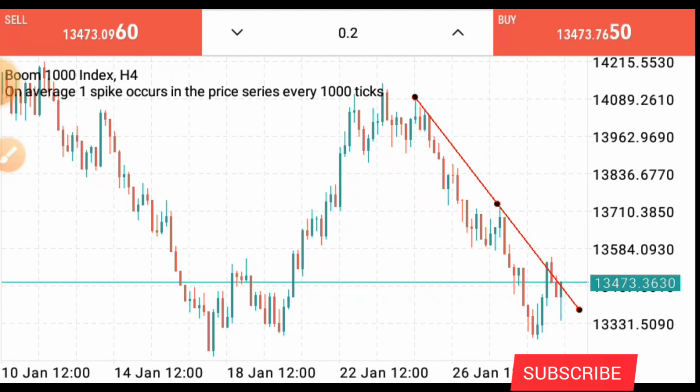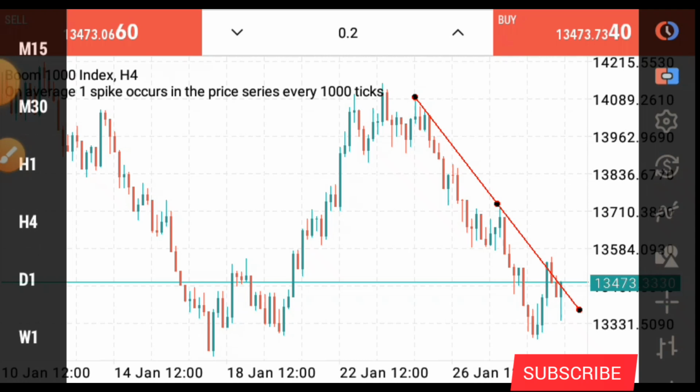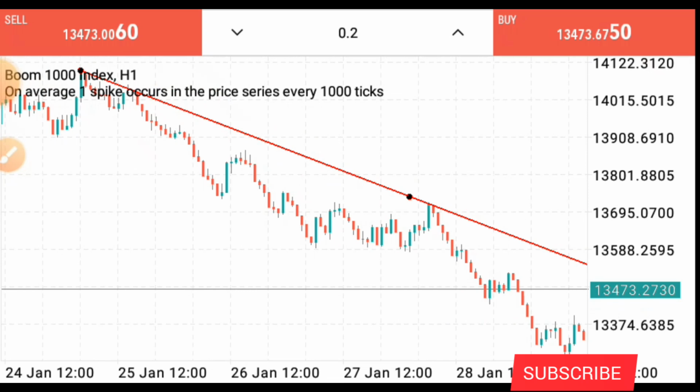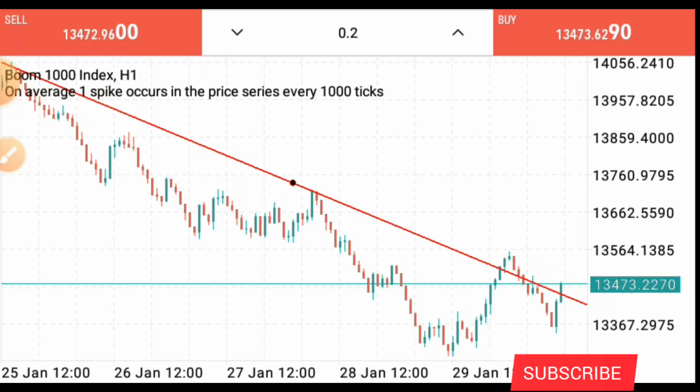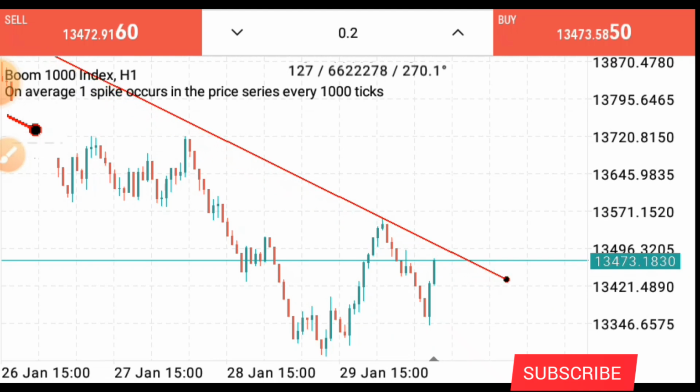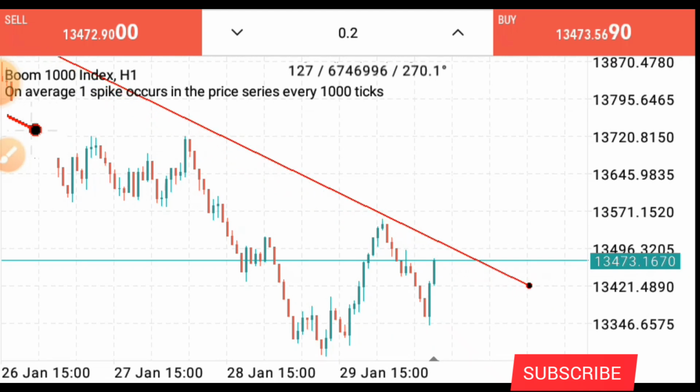So we are currently in a downtrend. Let's go to the 1 hour time frame so that we have a better view. This is what's going on right here.